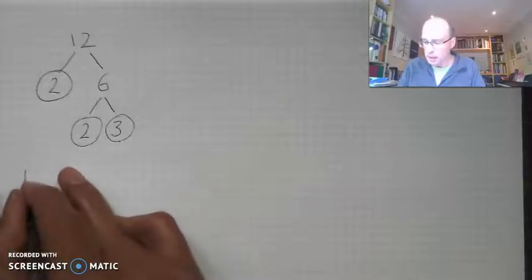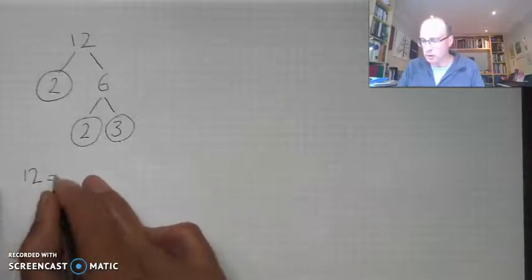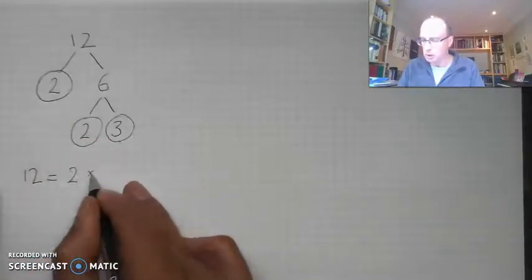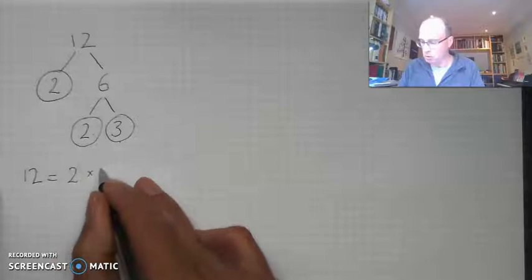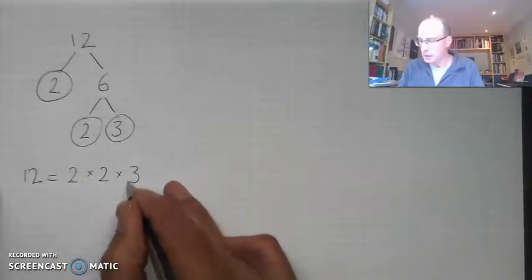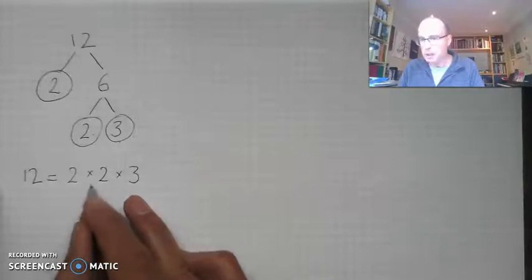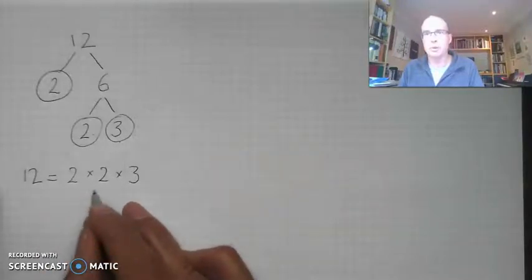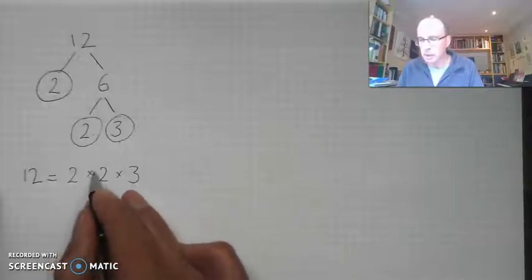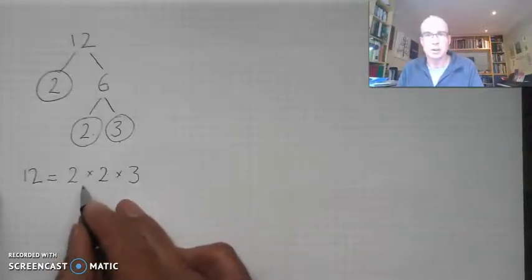So I can then write that out as 12 is equal to 2 times 2 times 3. So I have to remember these multiplication signs. If you're writing it as the product of prime numbers, you can't just list the primes out, you've got to put that multiplication in, otherwise it's not a product.